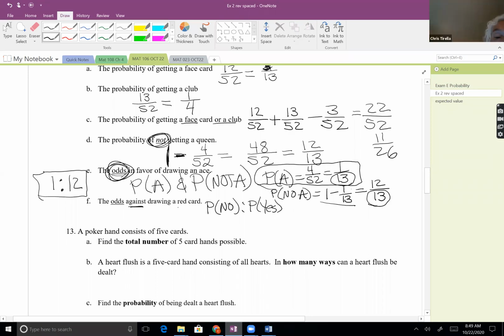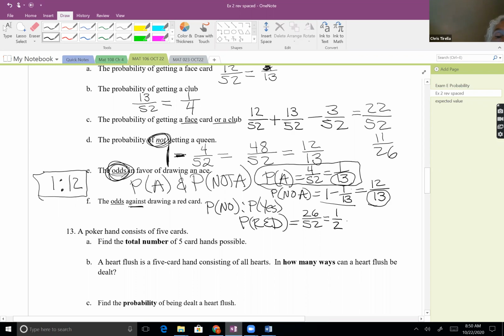So over here, if I want the probability of a red card, well, the diamonds and hearts are red. If you count on the picture, 26 out of 52 cards are red. Or half the deck is red.